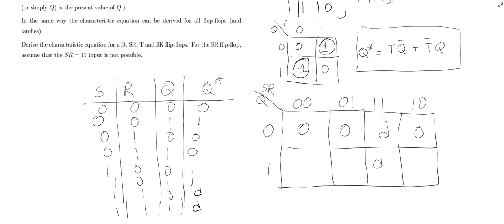That's not right, because it's not 1, 0, 0. It is 1, 1, 0. That's a don't care. It is 0, 1, 1.